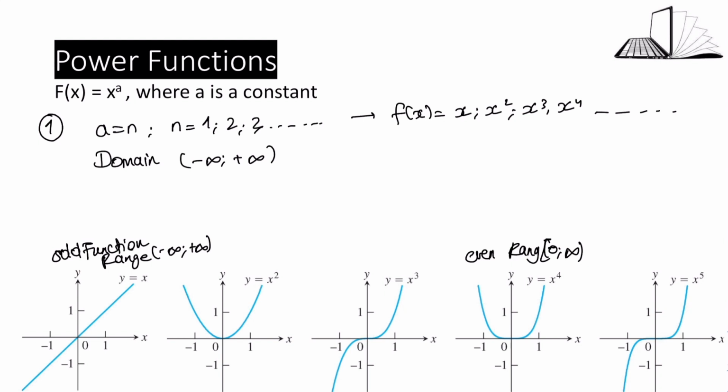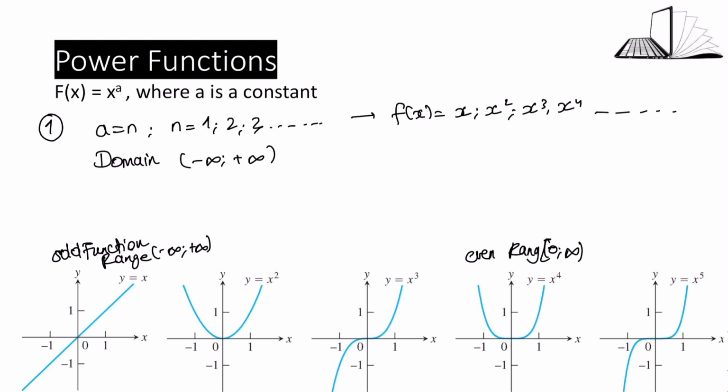Again, notice that as the power increases, for values from -1 to 1, the curve tends to flatten. You can see that when we have x to the power 2 and x to the power 4, the curve tends to flatten from the values -1 to 1.